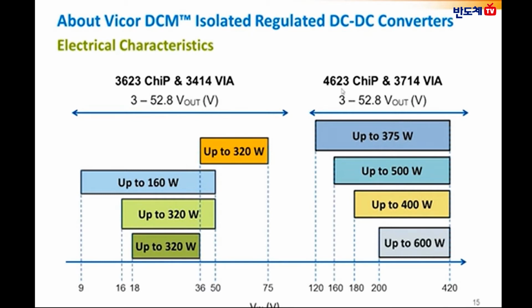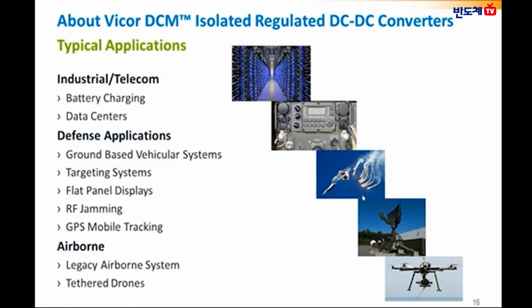Similarly, the high input voltage products are available from a 120 volts to 420 volts input range, with a maximum power capability of 600 watts. The chip package comes in a 4623, as well as the VIA package comes in a 3714.